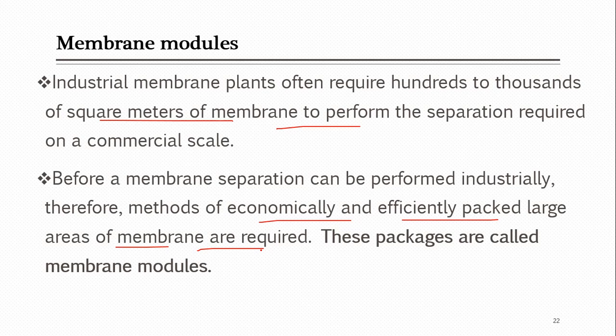We have talked about this: membranes have one property, they are compact compared to other separation units. The compactness can be achieved if we arrange the membrane in some specific pattern.